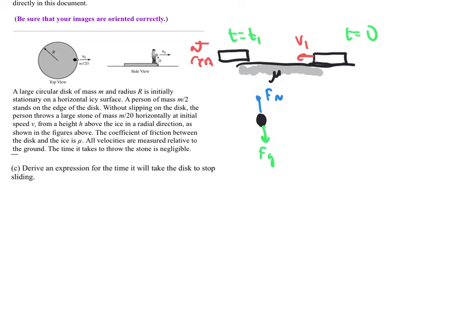And since we're treating the block and the person together, and it doesn't really matter since they're sliding as one unit, I'm just going to call it mass 3/2 m. We know that it suffers a frictional force pointing this way and undergoes an acceleration pointing that way, which I'm going to call a1.